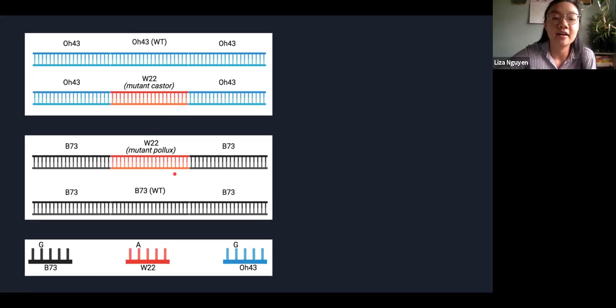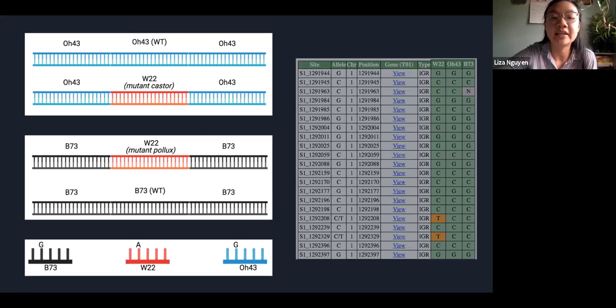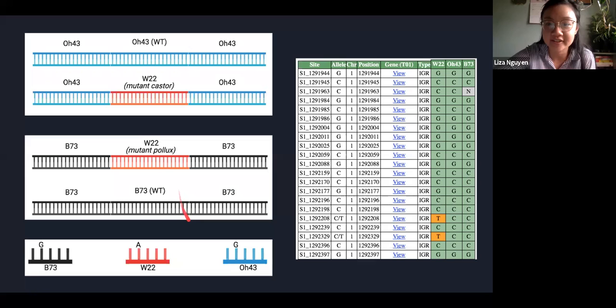And one of the really great things about working in maize is that there are a lot of genetic resources out there, one of which is a tool called SNPversity, which lets me look for exactly this. I can go to the castor and pollux gene and look between my 3 varieties for specific positions where my W22 base pair will differ between Ohio 43 and B73.